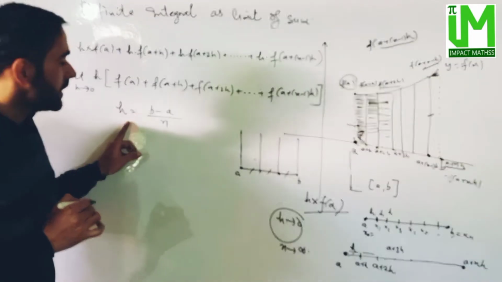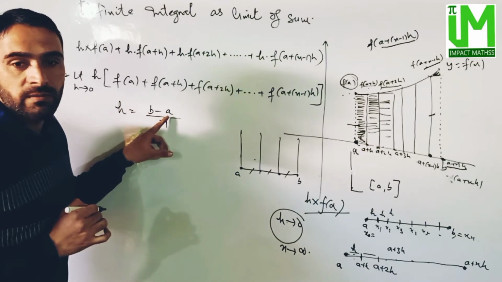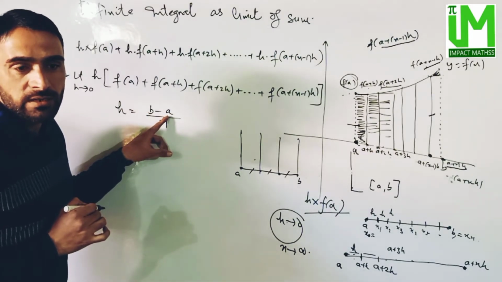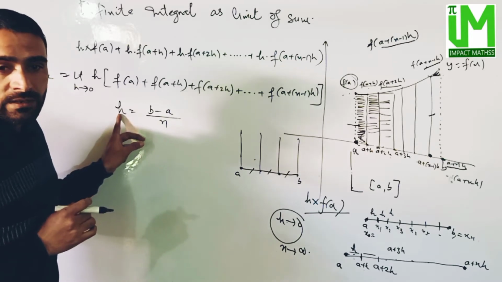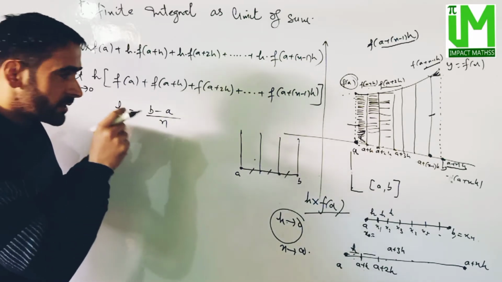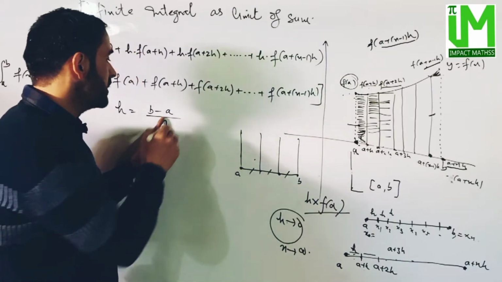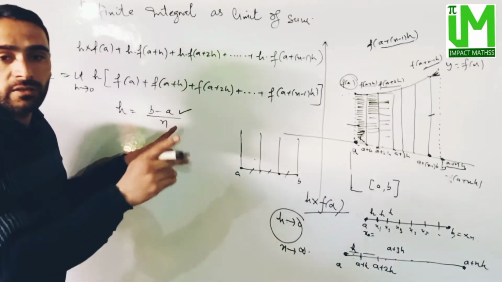Here b minus a is the total length of the interval, divided by n, the number of parts.